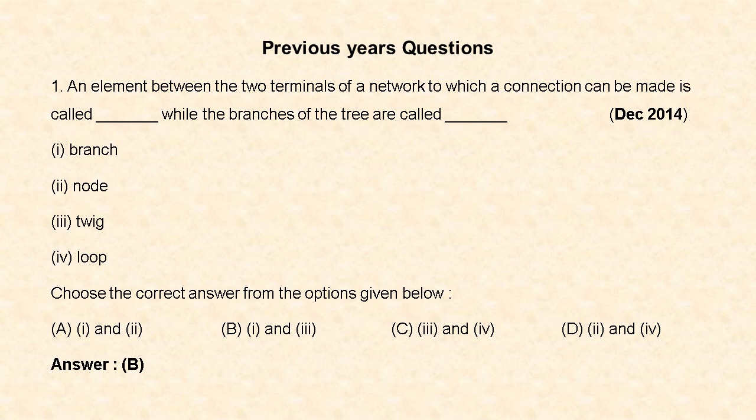Choose the correct answer from the options given below. Option A 1 and 2, option B 1 and 3, option C 3 and 4, option D 2 and 4. We know that the element between two terminals of a network are called branches and the branches of tree are called twigs. So option B is correct.